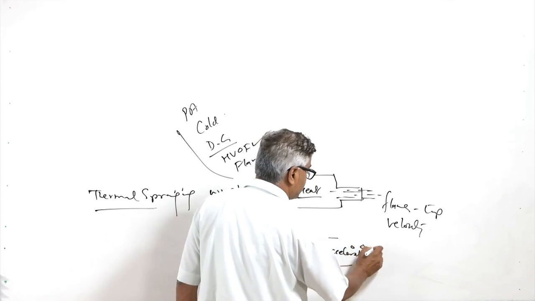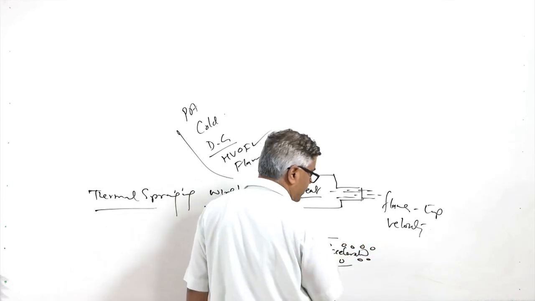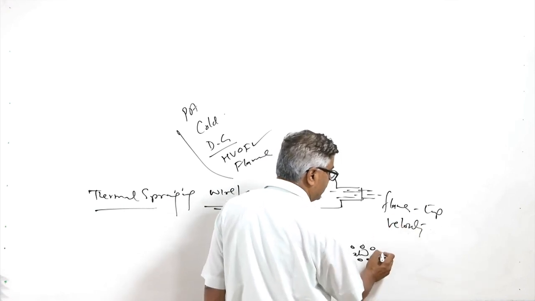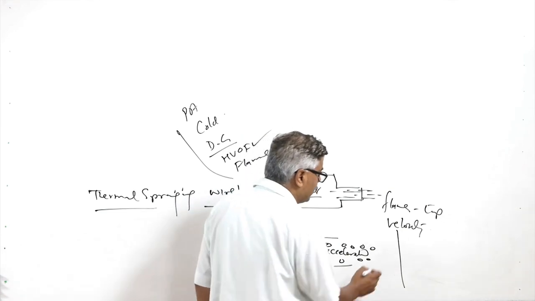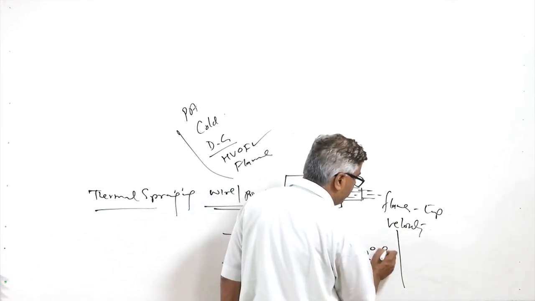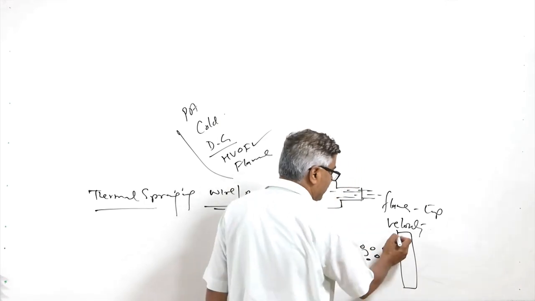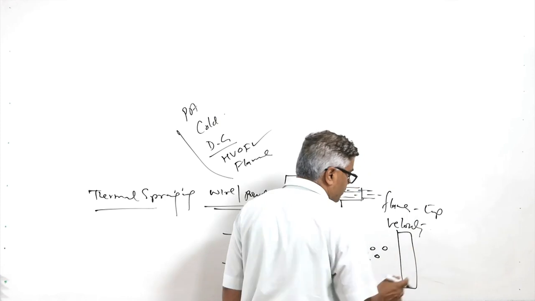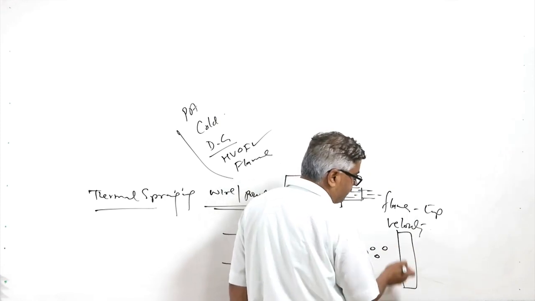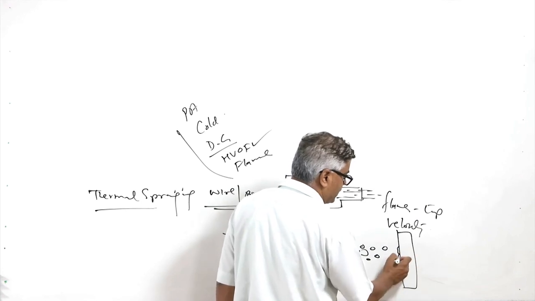And these particles in the soft, partially molten or molten state are accelerated. Just before impacting the substrate on which the coating is to be deposited, the high velocity particles hit the surface of the substrate, get flattened and get deposited like this.